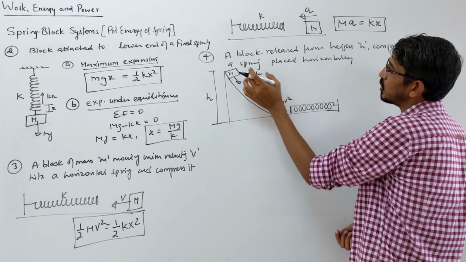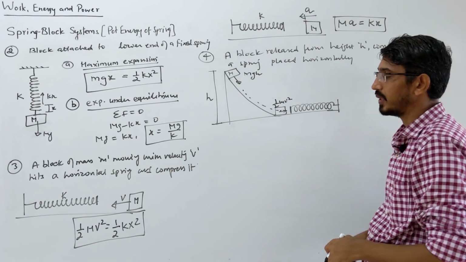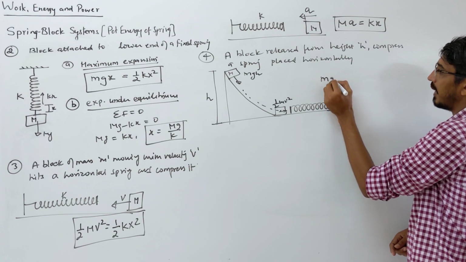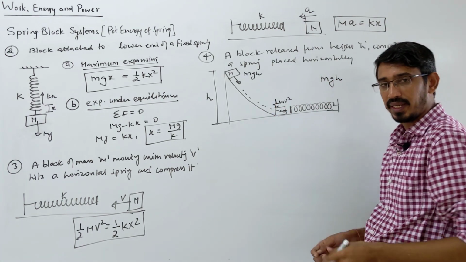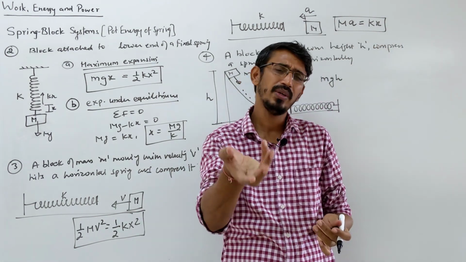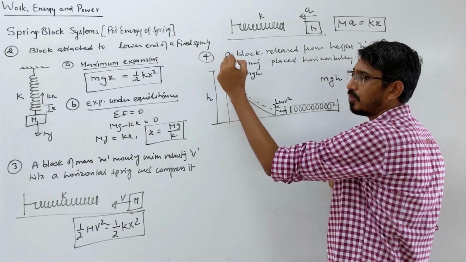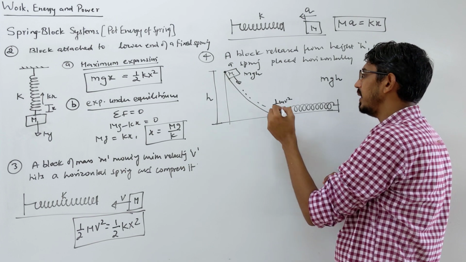This should equal mgh. We don't need to calculate velocity because we know the potential energy at the top, since we know the height.